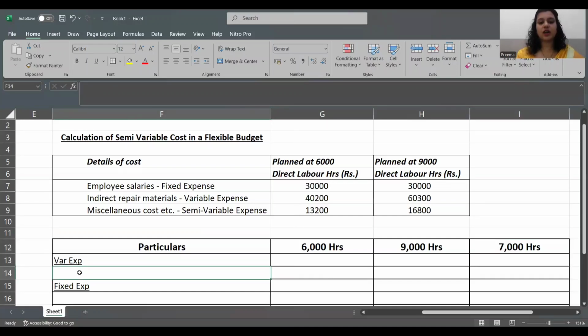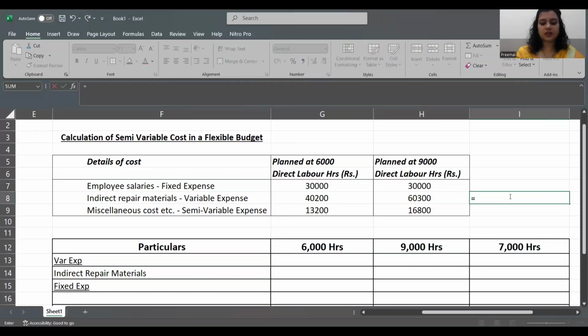So I'm going to mention under variable expense, indirect repair materials, and the variable cost per unit. How much was that? 40,200 divided by 6,000. So it remained the same at 6.7 for both. So we can mention 6.7 per unit.